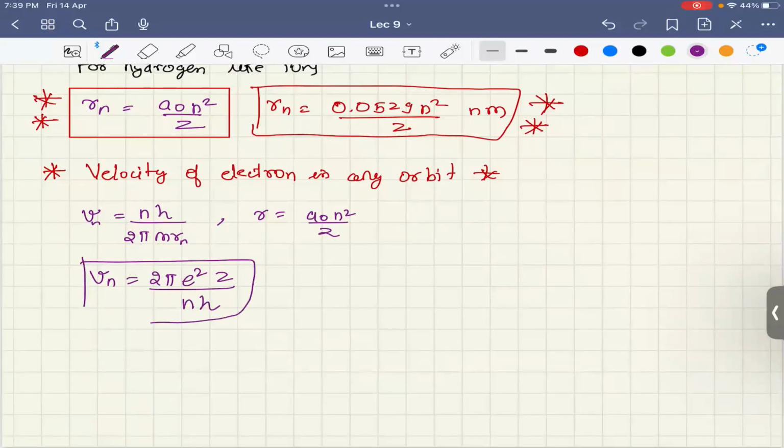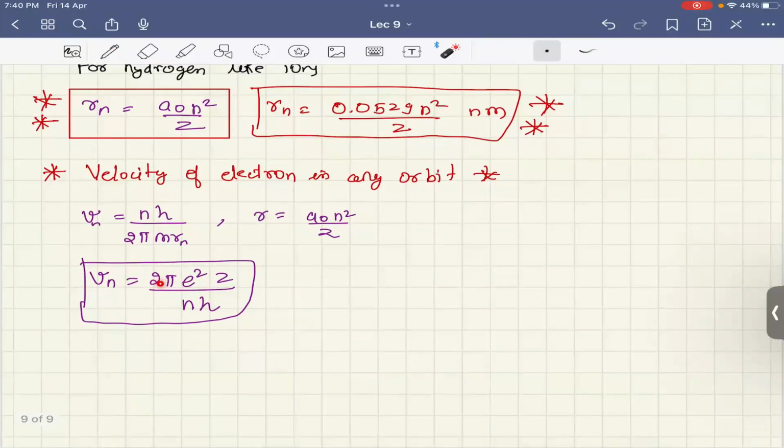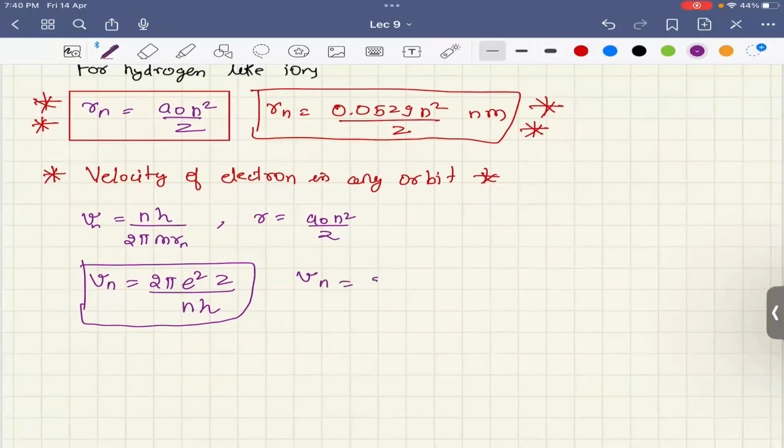So this is important. And then if we substitute all the known values, we know the value of pi, the value of e, and h as well. So it comes out to be Vn is nothing but 2.19 into 10 raised to power 6 Z divided by n in meter per second.